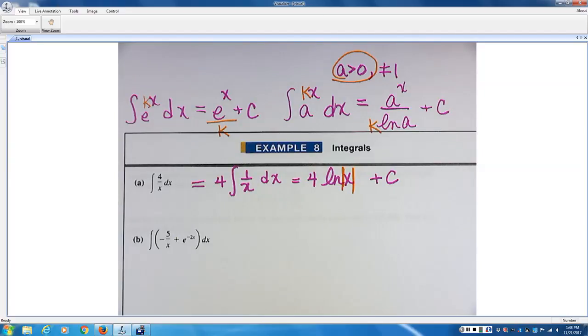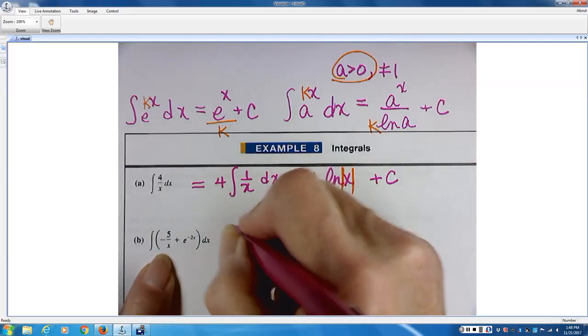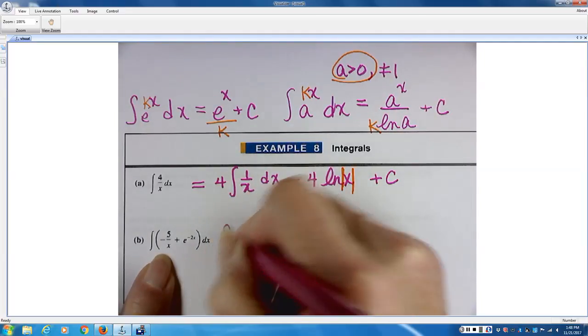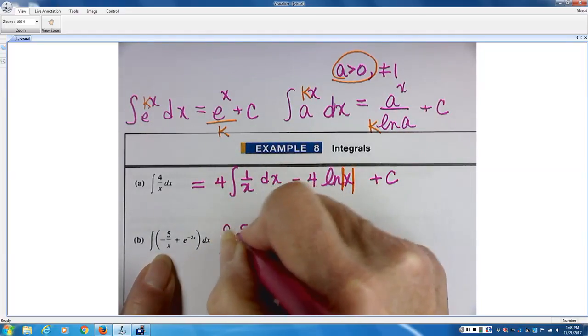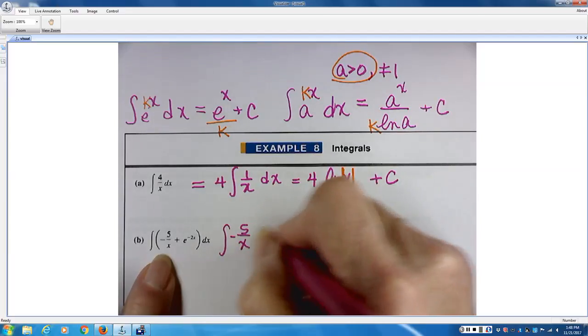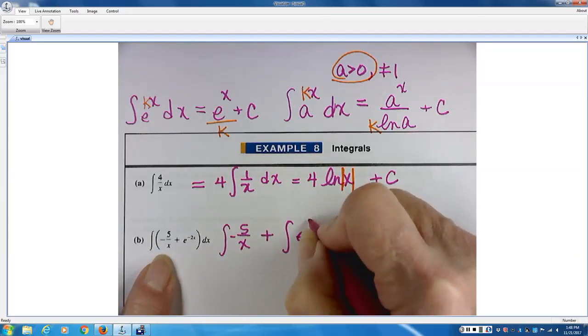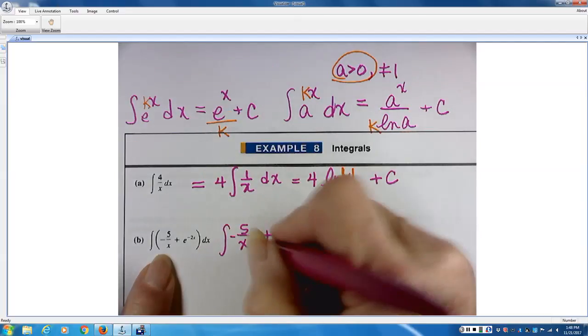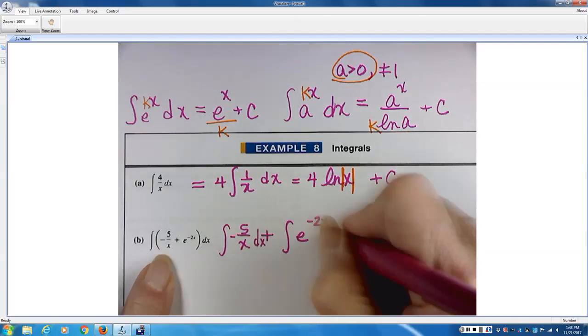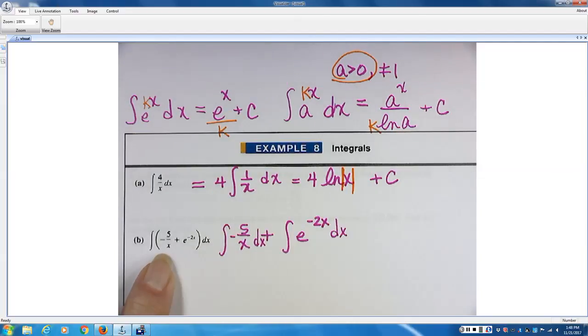And then for our second example, we actually have 2 terms, which again, we would break up into 2 pieces. That would be the integral of negative 5 over x plus the integral of e to the negative 2x, and both of those have dx. They have their own dx, indicating that they're derivatives.